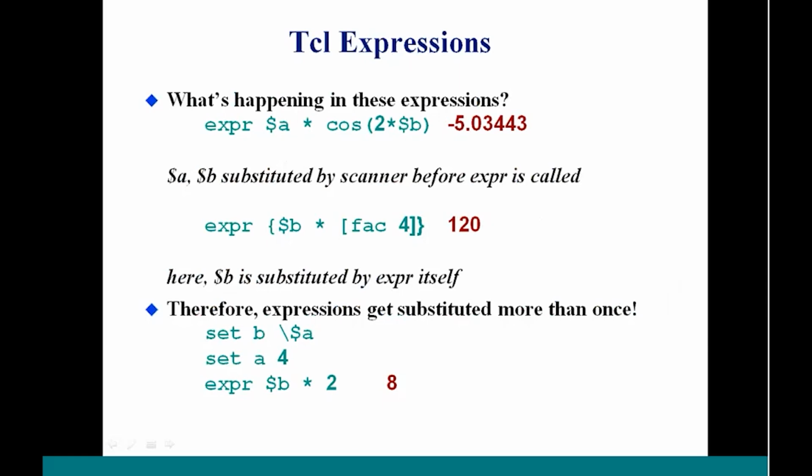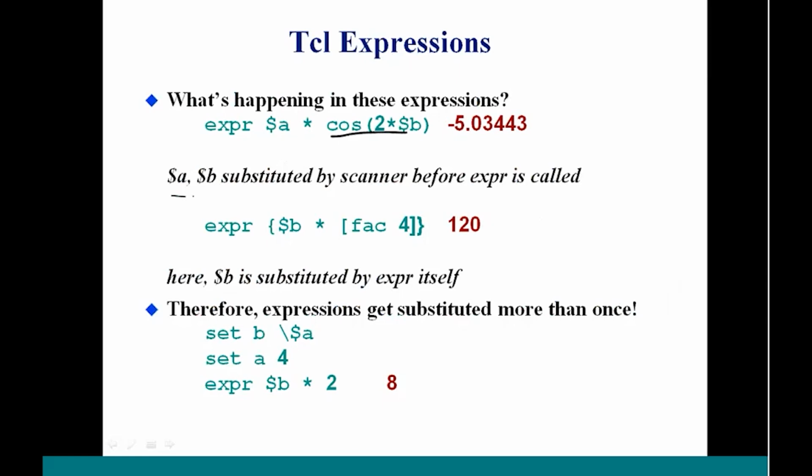So now let's look into one of the things that we saw earlier in more detail. This is the expression expr $A multiplied by cos 2 star $B, 2 multiplied by $B. So here actually this is evaluated.